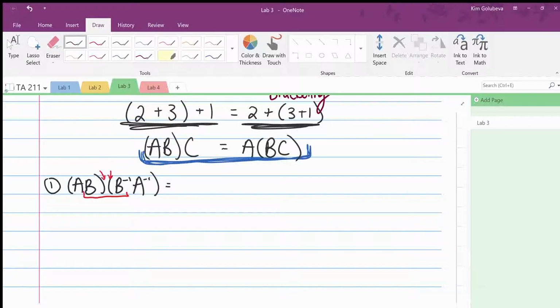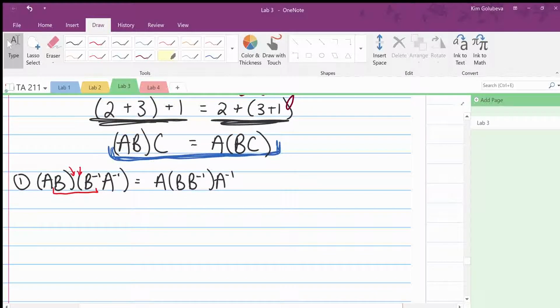So we're going to re-bracket it, because we're allowed to do that, so that these B's are right beside each other. And because they're right beside each other now, this suddenly becomes the identity, right? Because B times B inverse, or something times its inverse, gives us the identity. So now we have A times I times A inverse. But you know that anything times I is just itself, so we can leave the I out, and we get A times A inverse. We can put this in brackets here if you want.